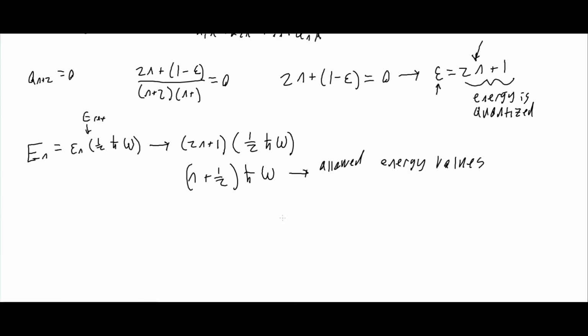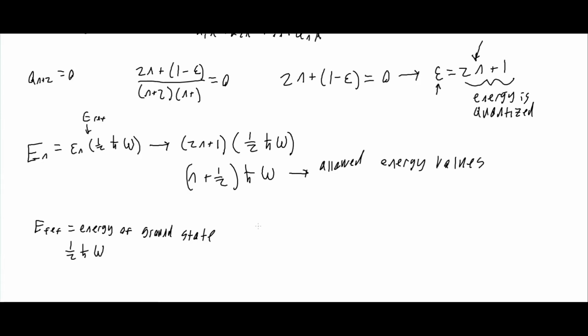And you'll notice, remember in the previous video I said that E ref was equal to the energy of the ground state, and we said that the ground state energy was 1 half h bar omega.